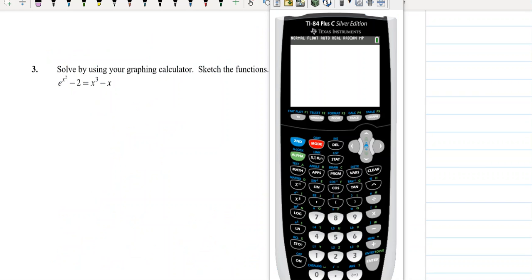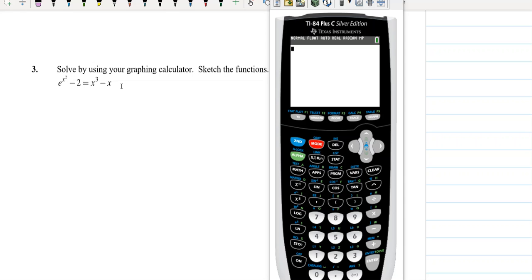One last thing I wanted to talk about to wrap up this section is how we can solve any equation using your calculator. Now, this equation here is exponential, but it also has a polynomial on the right-hand side. So we actually can't solve this equation algebraically, but we can solve it graphically.